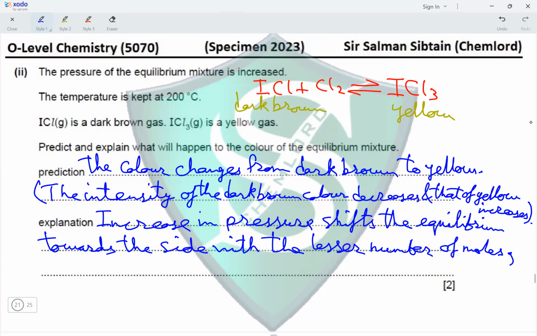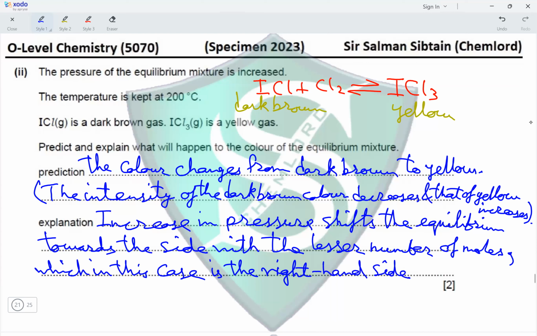So here the side with the lesser number of moles is the right side. So we continue our statement, which in this case is the right hand side.